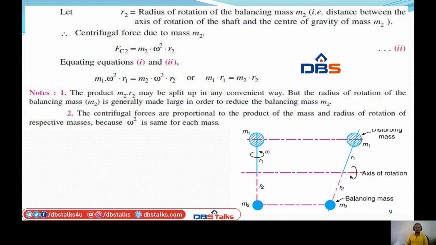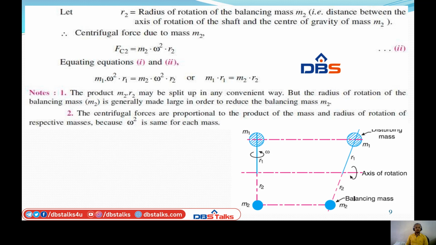Why can we use the same omega, that is angular velocity? The angular velocity of the first mass is the same for the opposite mass also, since these two are connected with the same axis of rotation.